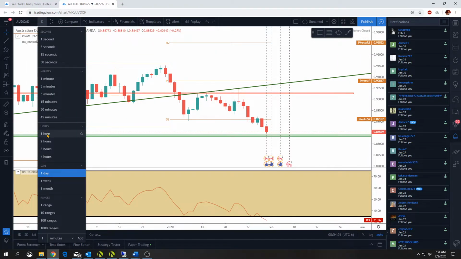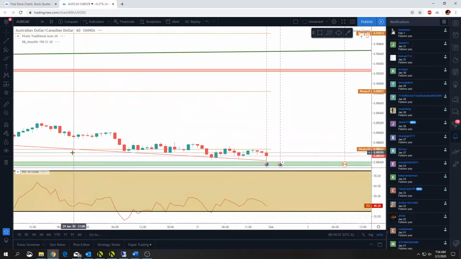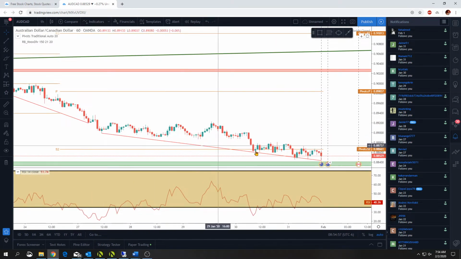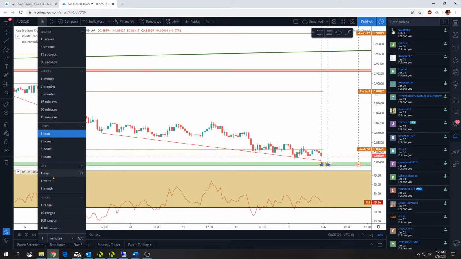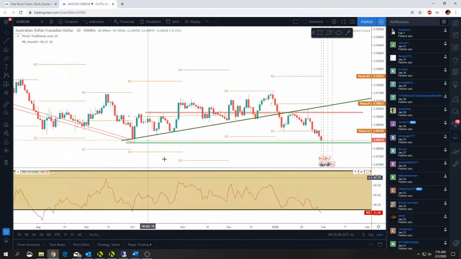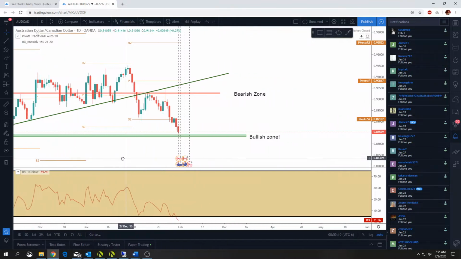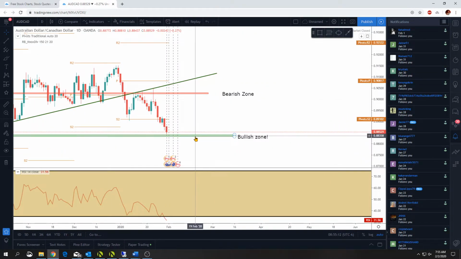If we drop down to a smaller time frame, like the 1 hour, yep, there's divergence. So you're starting to see divergence post. There's S2 from last week's pivot points, and we are close to a good jump on here. So here's what I'm going to do, just so you guys know.